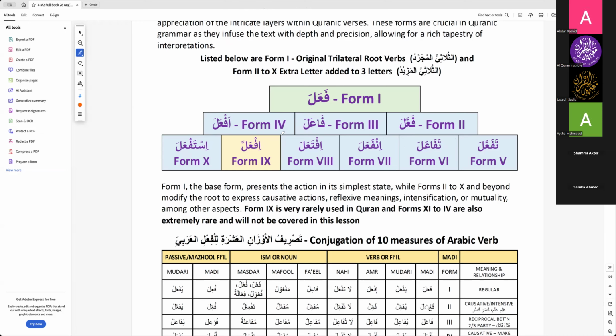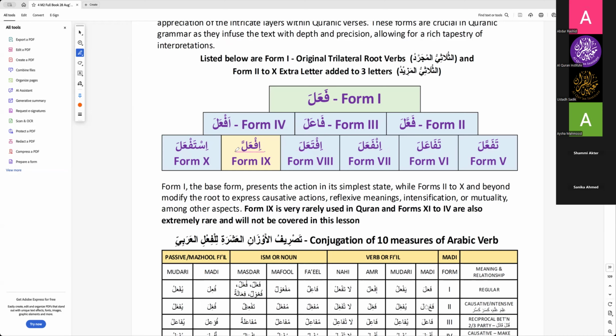Right. So, form 4 is af'ala. Form 5, tafa''ala. And form 6, tafa'ala, fa has got an alif at the end. And form 7, infa'ala. Form 8, ifta'ala.